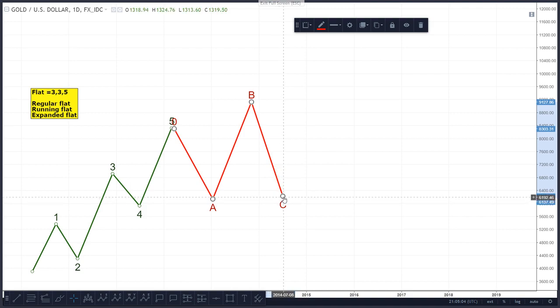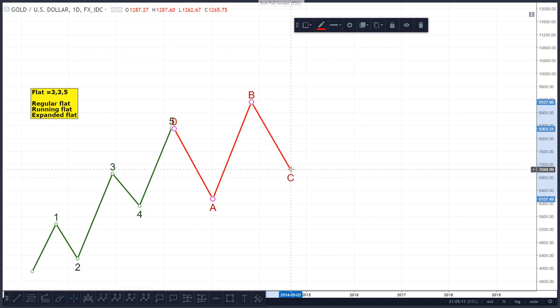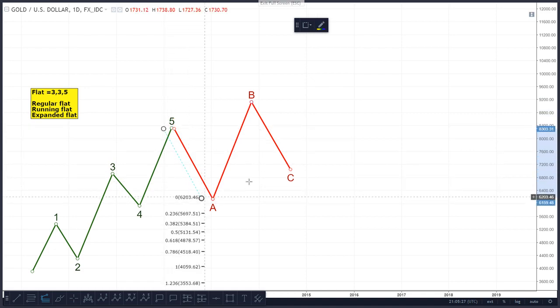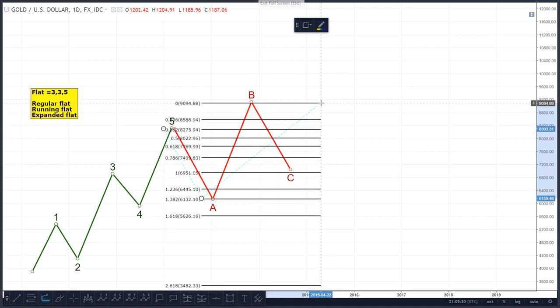And the C wave, because as I say, C is equal to A, will come to around here. Yeah, assuming we'd use our fib extension to determine where C would come down to, because C would be equal to A. So if that's the length of A, we'll do a fib extension from B.